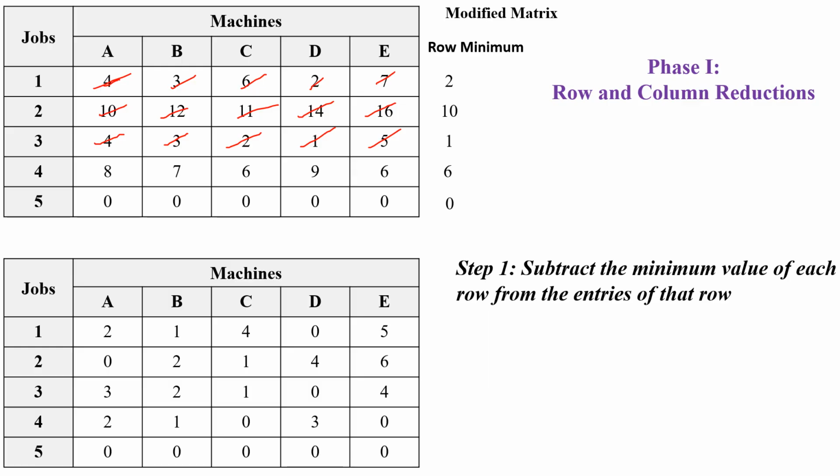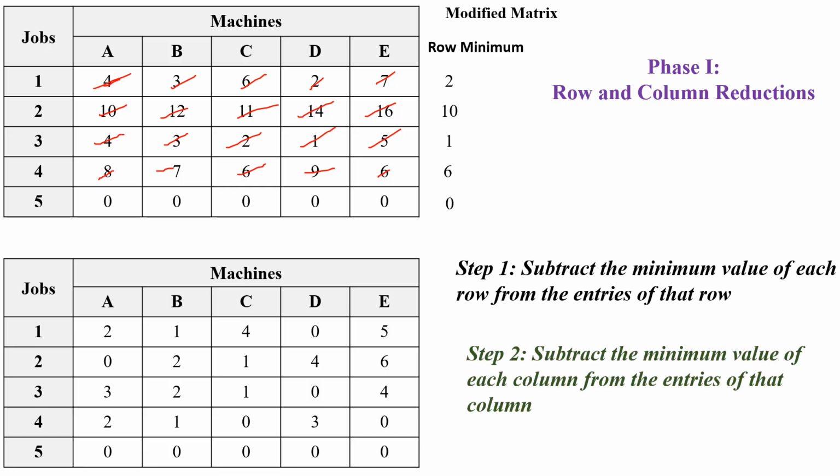Then the fourth row becomes 8 minus 6, 2. 7 minus 6, 1. 6 minus 6, 0. 9 minus 6, 3. 6 minus 6, 0. Next we subtract 0 from the fifth row. Observe that all the elements in the fifth row are 0, so the fifth row will not change.